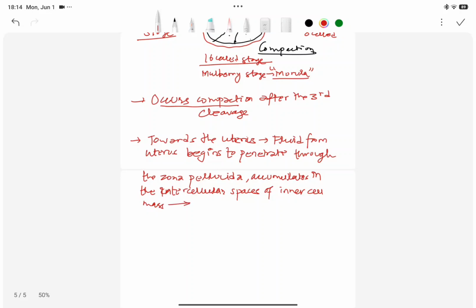This will lead to the formation of a fluid-filled space known as blastocoel. And this stage is known as blastocyst.